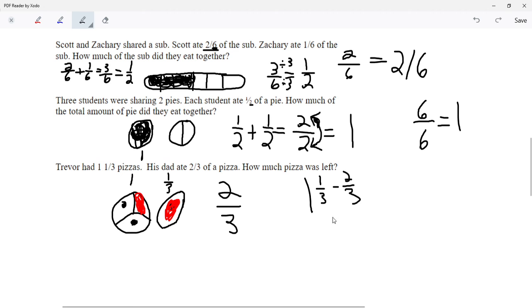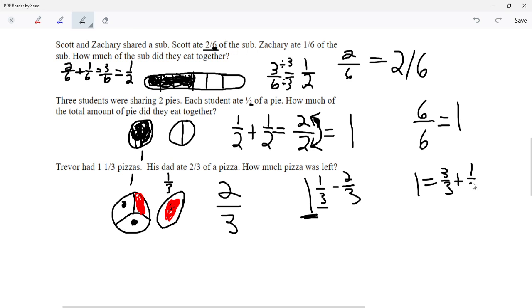Now, one way to do this mathematically is to convert this into an improper fraction. So I know that 1 whole equals 3/3, right? We talked about it earlier. So 1 equals 3/3.